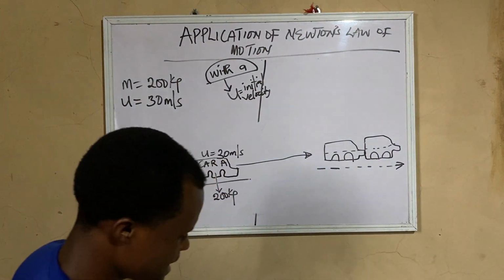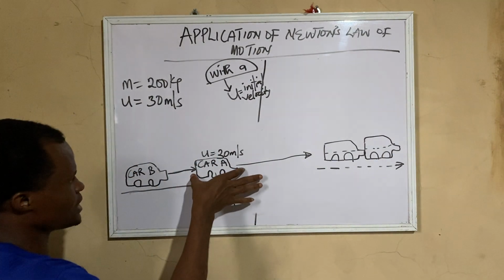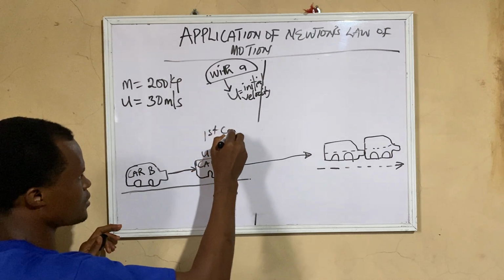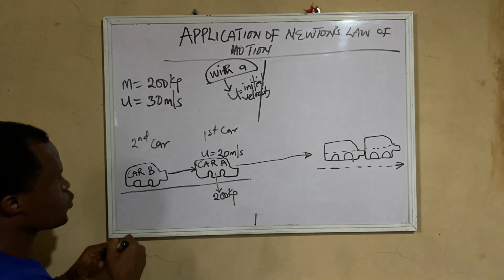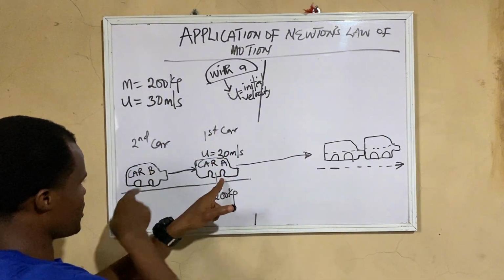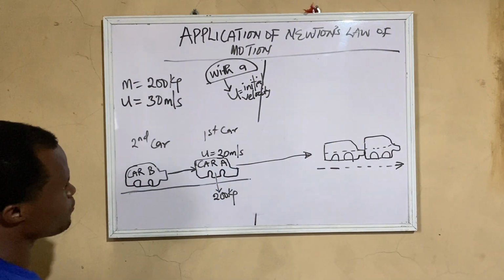Now the question says, what is the impulse received by the first car? This is the first car, and this is the second car. So the question says, what is the impulse received by the first car due to the effect of this second car hitting the first car?